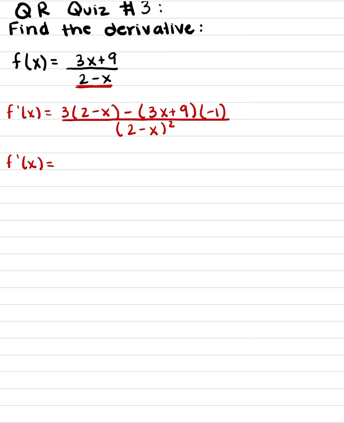So then this is going to look like this. We're going to FOIL everything out. So 3 times 2 is going to give us 6, right?